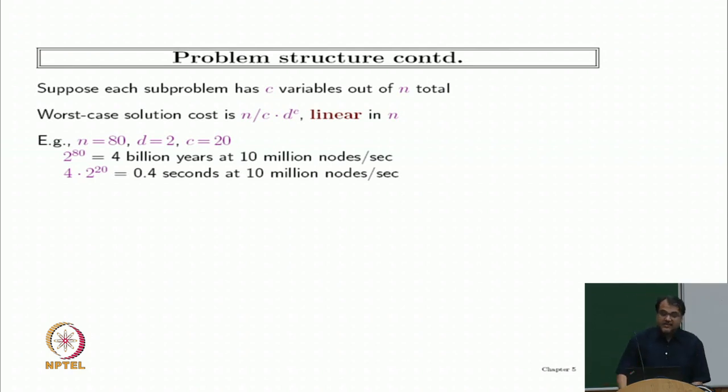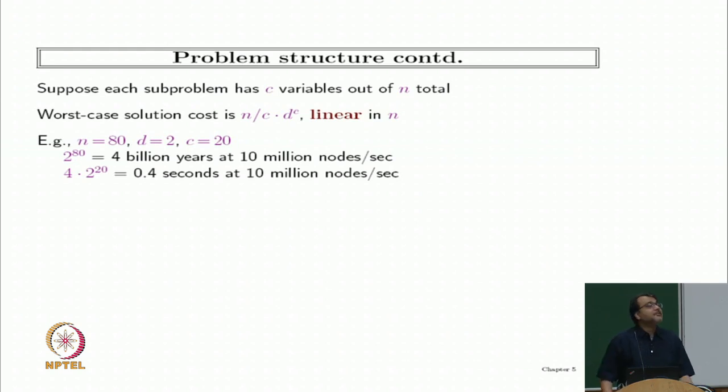Okay? So those kinds of settings also exist. But of course, in practice, this does not happen very often because there aren't any completely disconnected subcomponents. Usually they are either loosely connected, in which case we can branch on them first, or there are other kinds of problem structures that we can make use of.